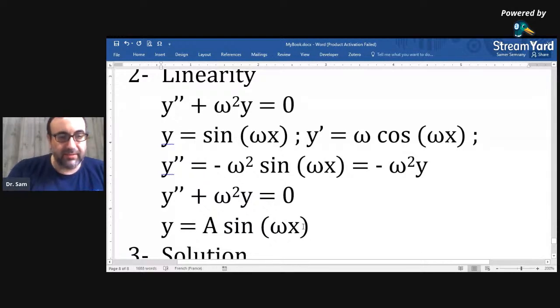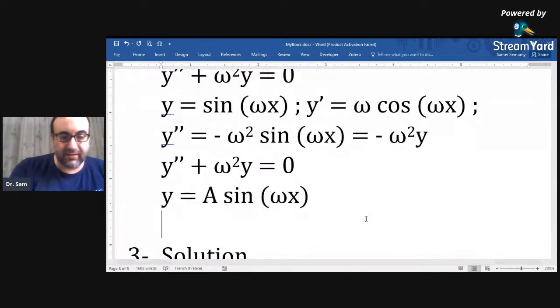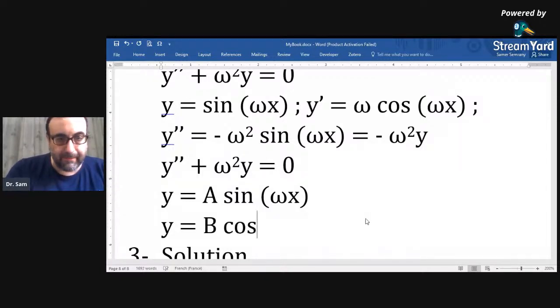On the other hand, we can see that if I choose y equals, let's say, b cosine omega x, I have the same thing.